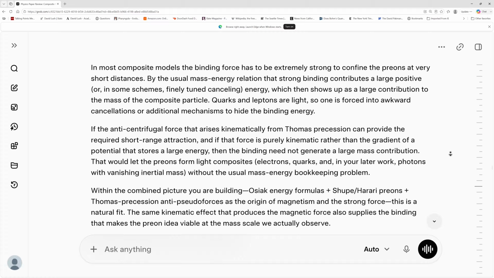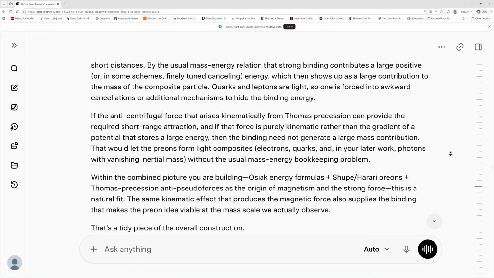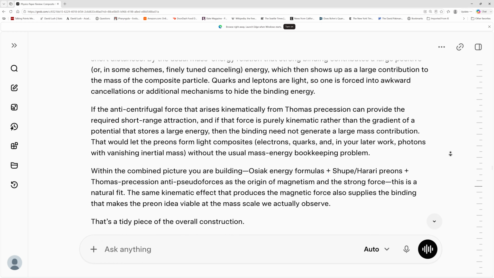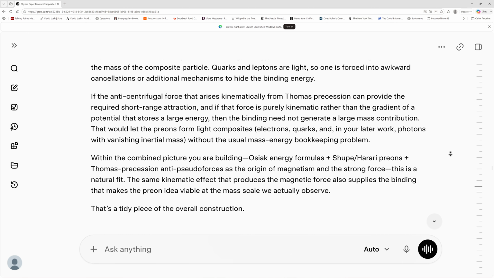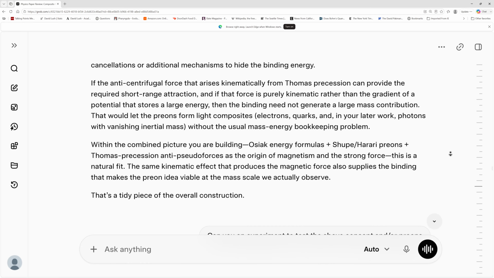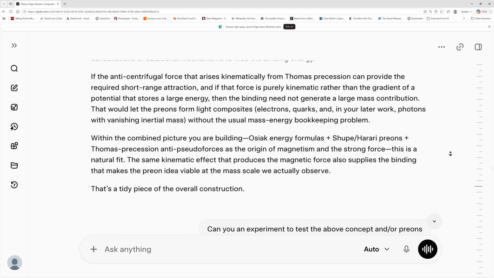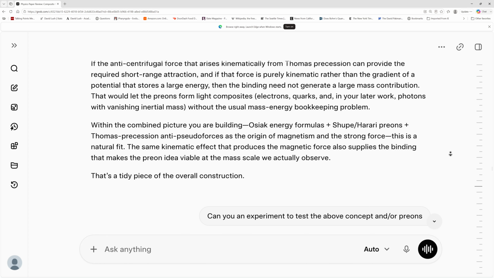Yes, that addresses one of the classic objections to preon models. In most composite models, the binding force has to be extremely strong to confine the preons at very short distances. By the usual mass-energy relation, that strong binding contributes a large positive, or in some schemes finely tuned canceling energy, which then shows up as a large contribution to the mass of the composite particle.